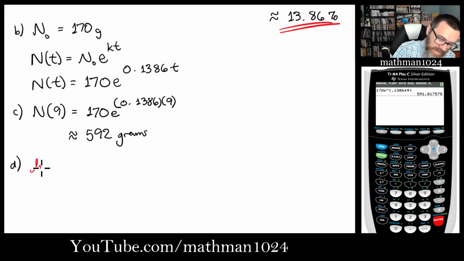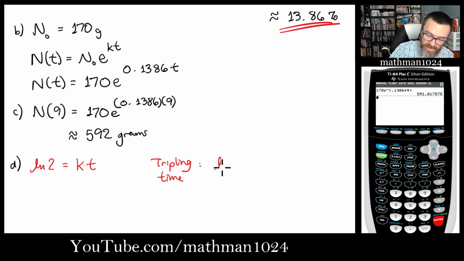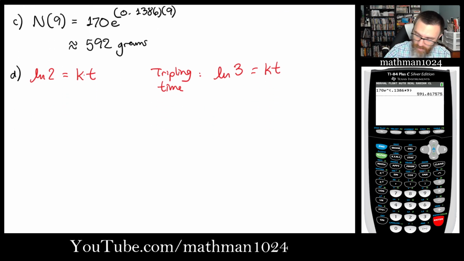So when we had the doubling time, we said natural log of 2 equals k times t. For tripling time, we just make the slight adjustment and we say natural log of 3 equals k times t. So solving for t, the natural log of 3 divided by k.